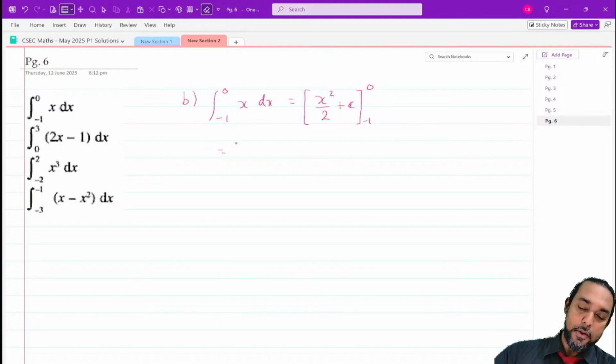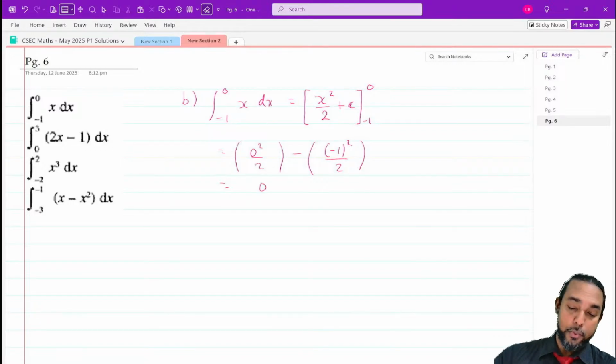Because what happens, long story short, is it just reduces everything to 0. Right, so of course 0 squared is 0, 0 divided by anything is just 0. -1 squared is 1. 1 over 2 is a half. And 0 minus a half is simply minus a half.